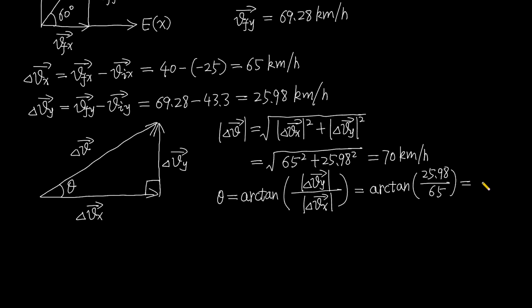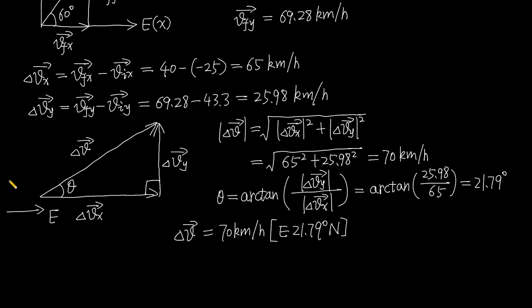And this equals 21.79 degrees. Now we know that the velocity change is 70 kilometers per hour in magnitude. Now the direction is east, 21.79 degrees toward north, because this direction is east and this direction is north.